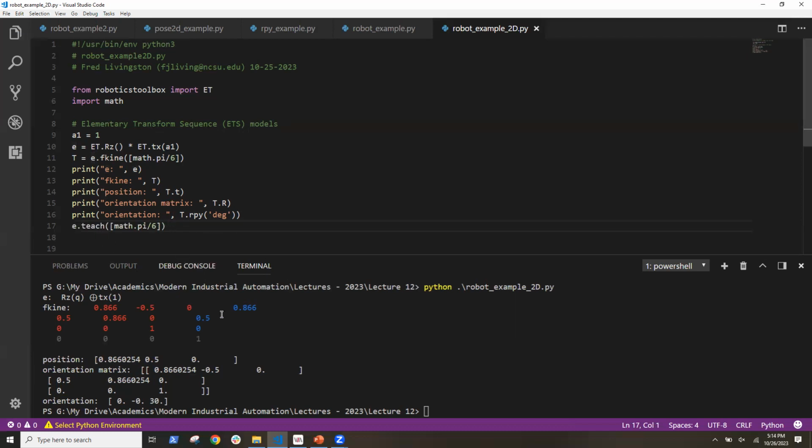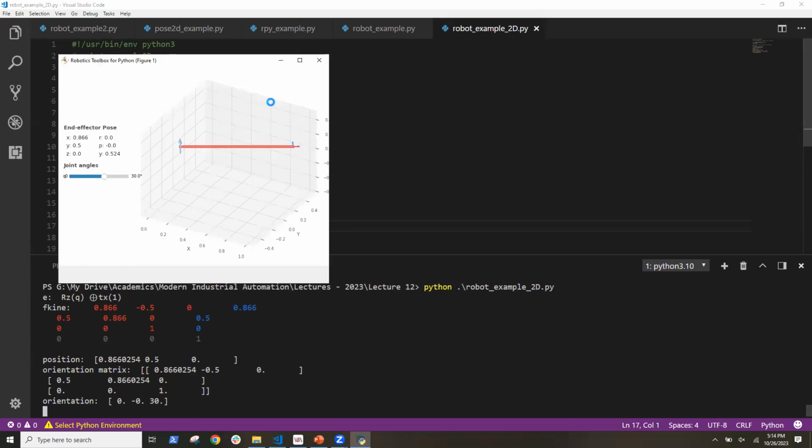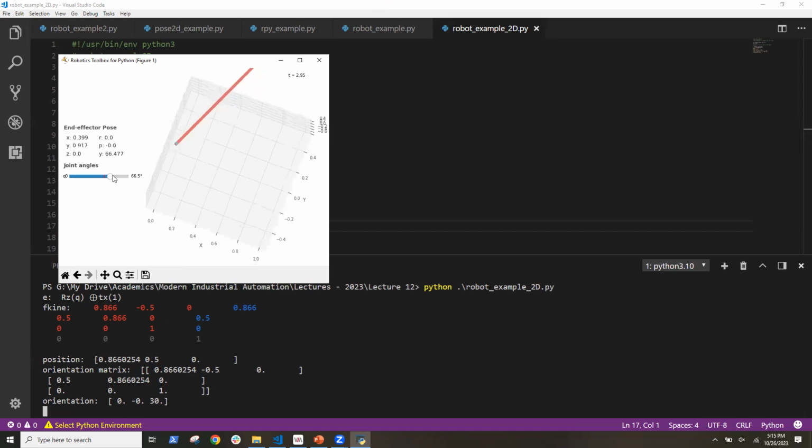There's also this teach thing, which is a pretty handy thing to use. And let's see if it runs a little bit faster. And I can move the robot around, and I can see my interface. Of course, it's only going to be a circle because I cannot get to any other position.